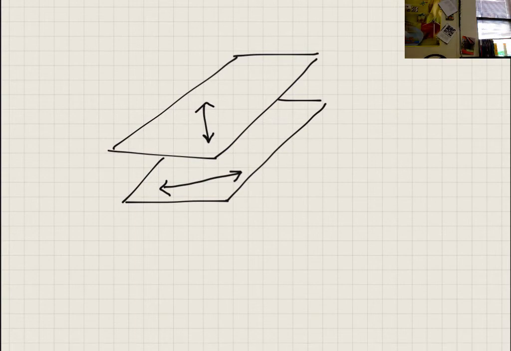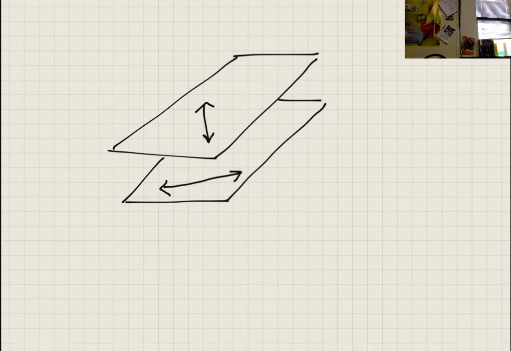Let me show you how I would draw this, because this can actually be drawn really easily. Okay, two pieces of paper. If I draw a line on the plane on this one, I have a line on a plane.